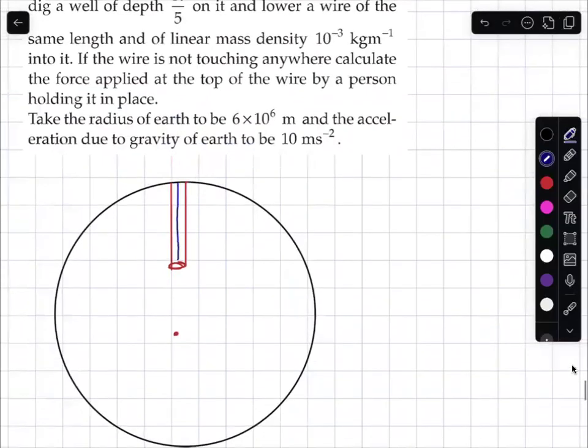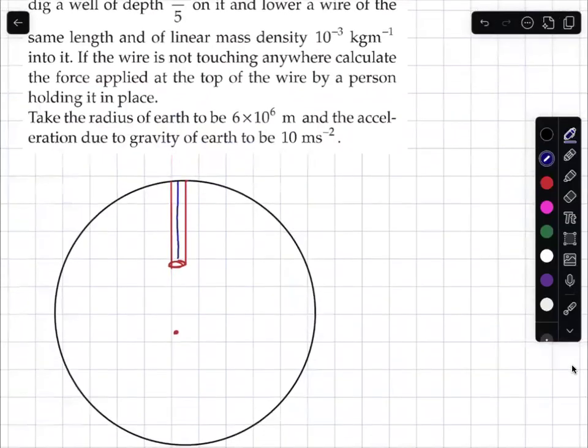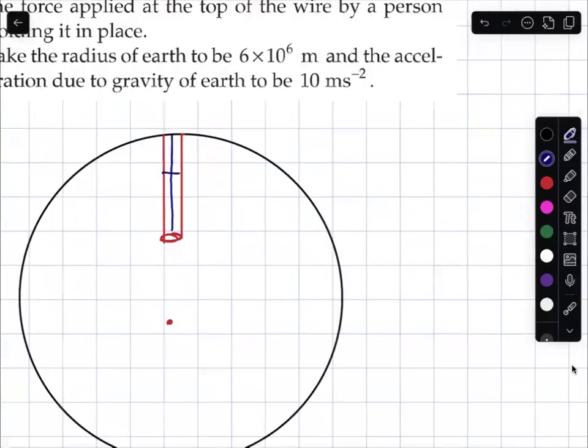Now, please try to understand. You take a small element over here, a very small element. You draw the free body diagram of that small element. Here the tension is T plus dT, and it will have weight also, no?